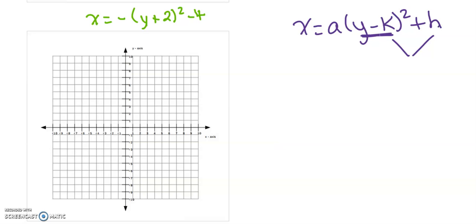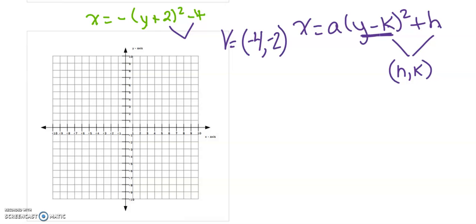So this is our x, and this is our y. Okay? So let's look. We have a vertex here. Vertex has a -4 in the h position and a -2 in the k position. So (-4, -2).